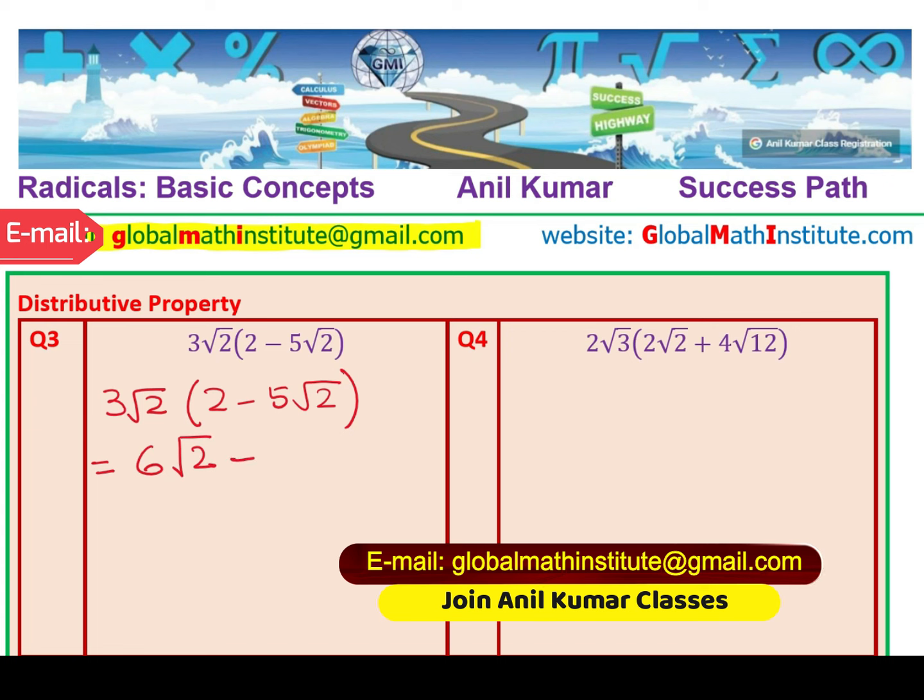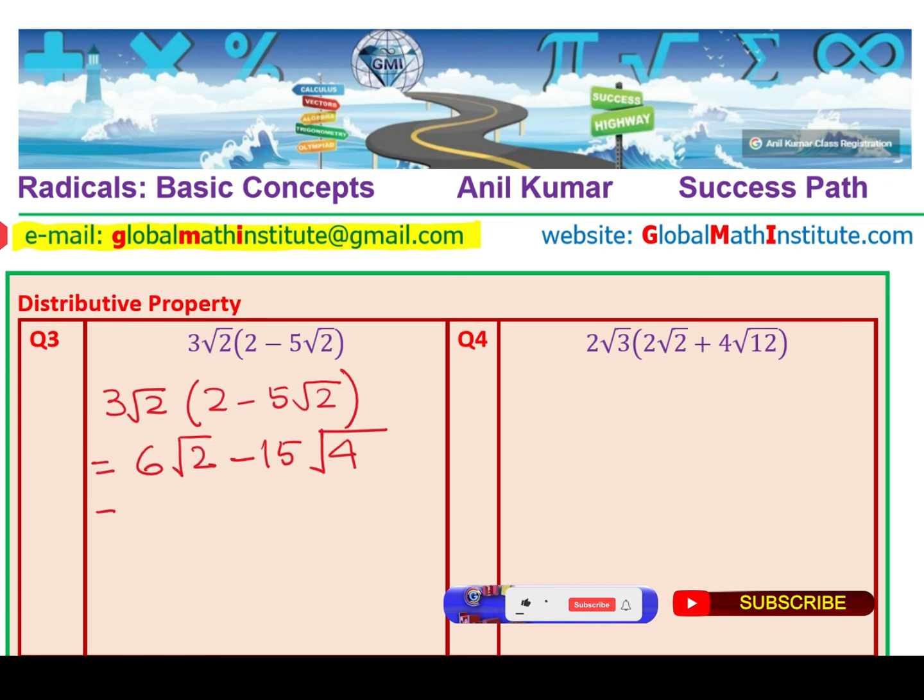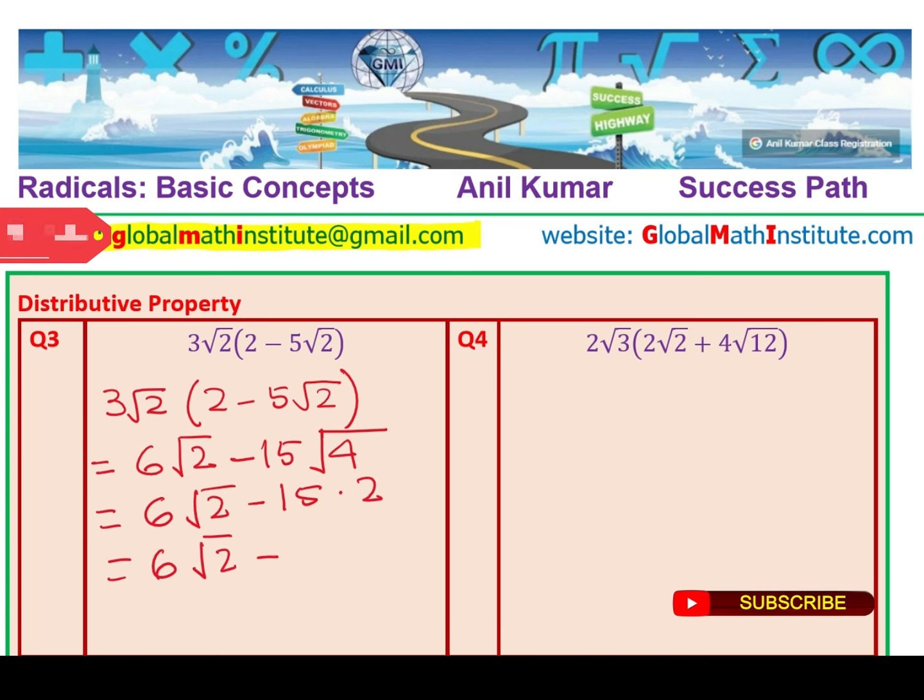And the next term, 3, gets multiplied with 5. We get 15. And within square root, 2 times 2 is 4. Well, you could have written 2 directly also, right? But anyway, let's go with this. So we get 6 square root 2 minus 15 times 2 square root of 4. And that gives you 6 square root 2 minus 30.